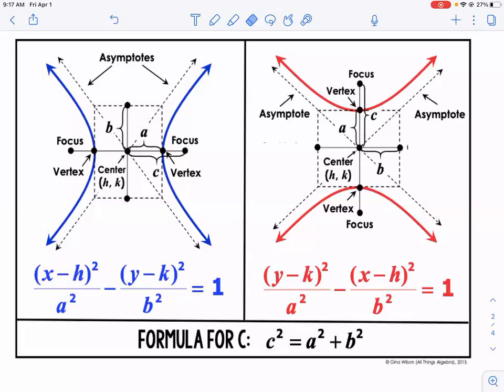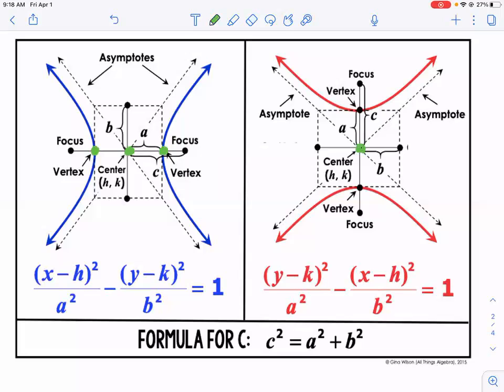Okay, so let's talk about how we put all of this together. So just like with an ellipse, we have a center. And that center is going to be plotted first. Okay, just like with an ellipse, our vertices are a away. So in a horizontal one, we'll move horizontally left and right, a, to get our vertices.